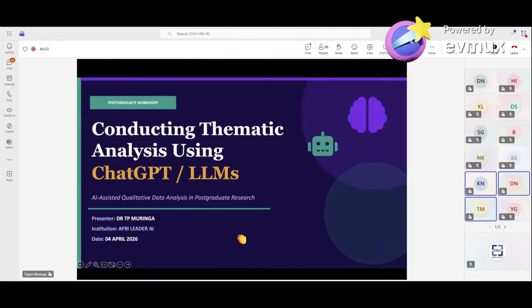Right, so basically, in our session today, we're going to be talking and briefly demonstrating how to conduct a thematic analysis.